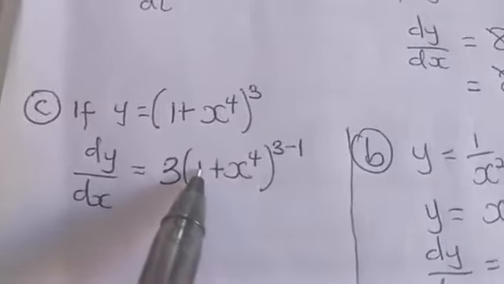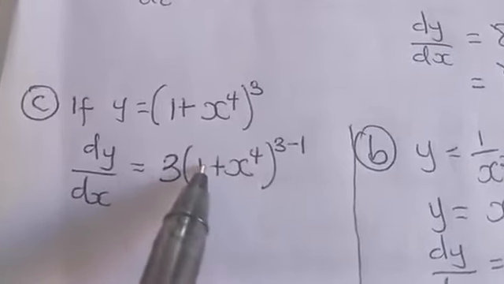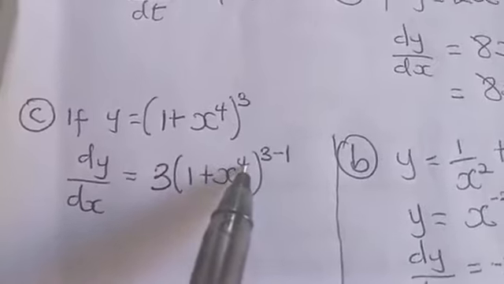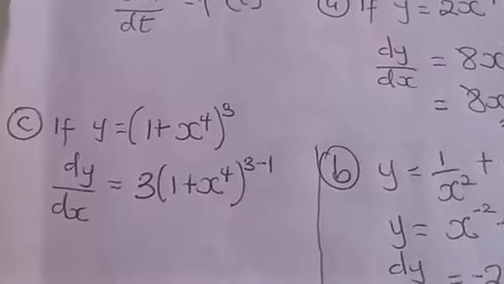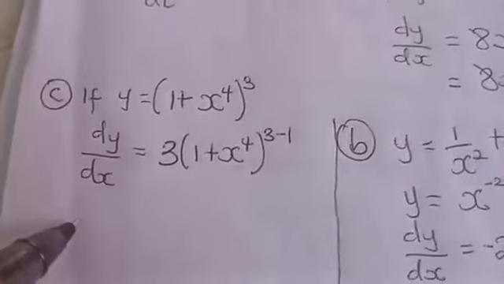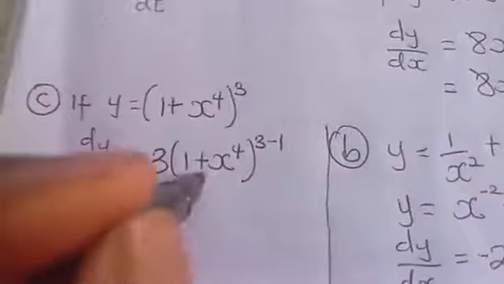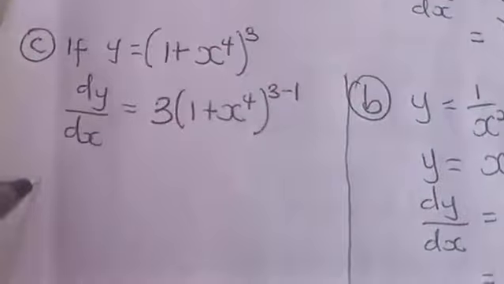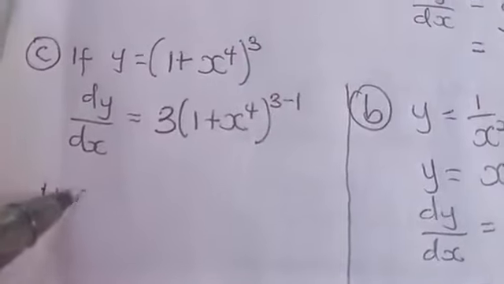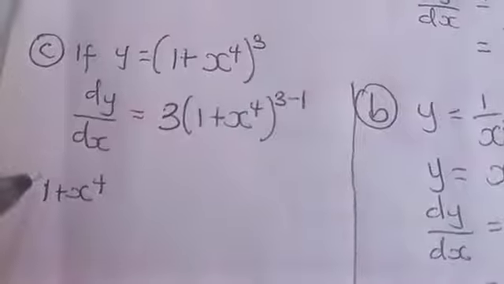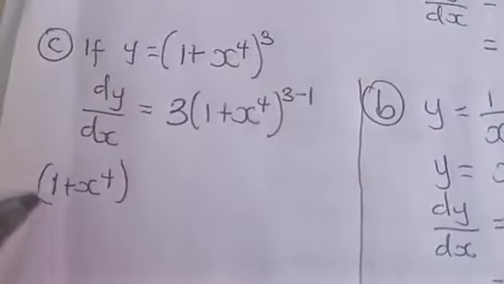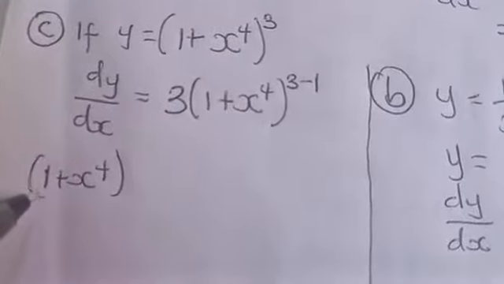Note that the derivative of 1, which is a constant here, is equal to 0. So the derivative of x raised to the power of 4 is equal to 4x raised to power 3. That is, if you are finding the du now, that is looking at the content of the bracket only, we have 1 plus x raised to the power of 4. So finding the derivative of this, the derivative of 1 is equal to 0.